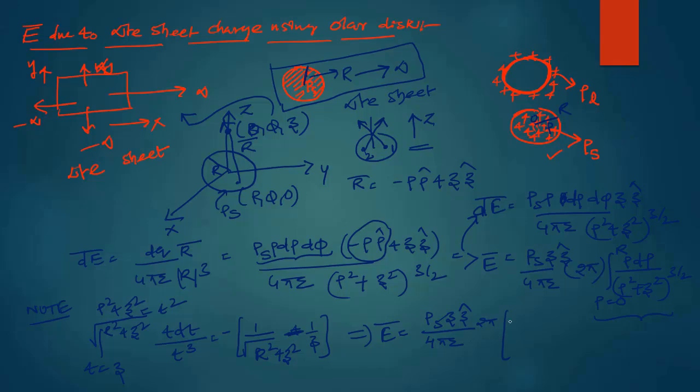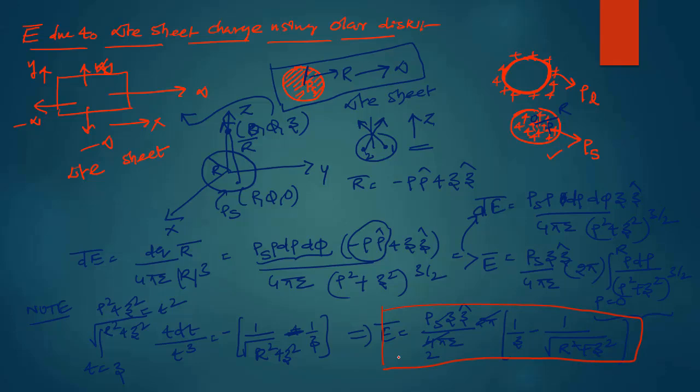If you multiply this minus inside, 1 by z minus 1 by square root of R square plus z square. Anyway, this 2 pi and this 4 pi can be cancelled, resulting in 2. This is the electric field for the circular disc of radius capital R. You can use this expression for the circular disc.